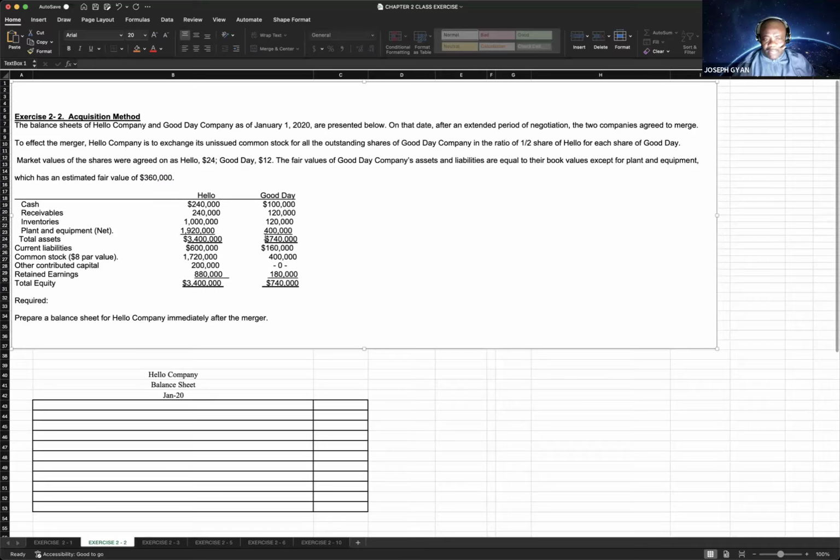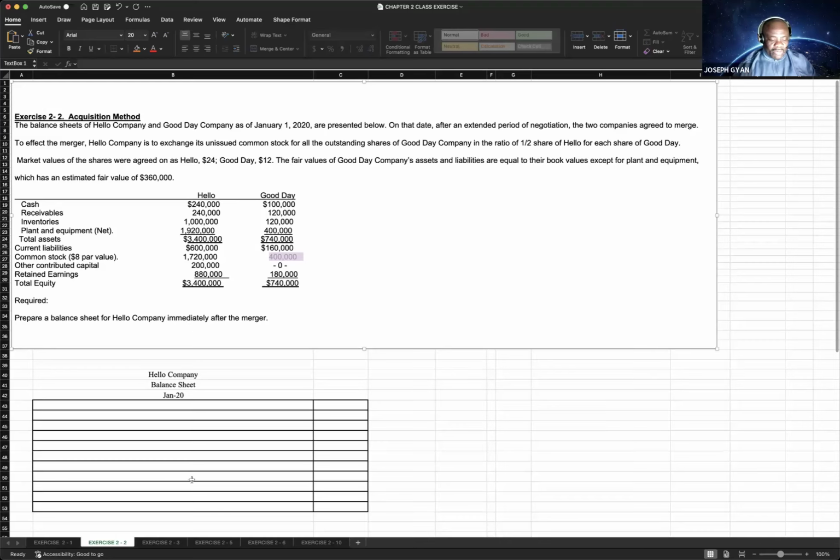Liability is 160. Common stock, 8%, 400 here. There's no other contributed capital. Retained earnings 880 and 180. Prepare the balance sheet for the Hello Company immediately after the companies are merged.